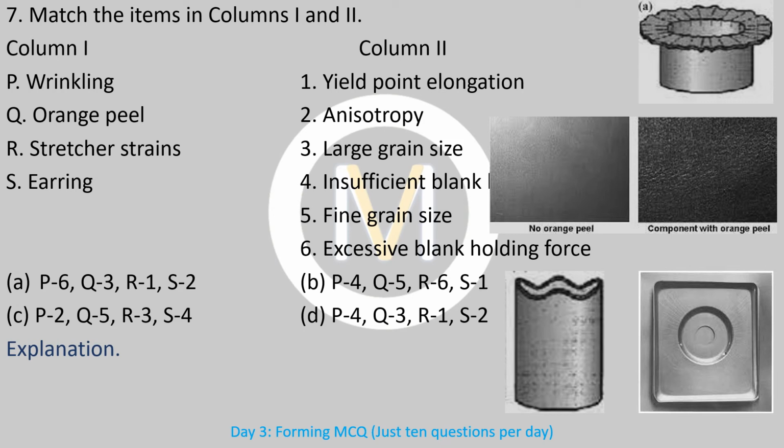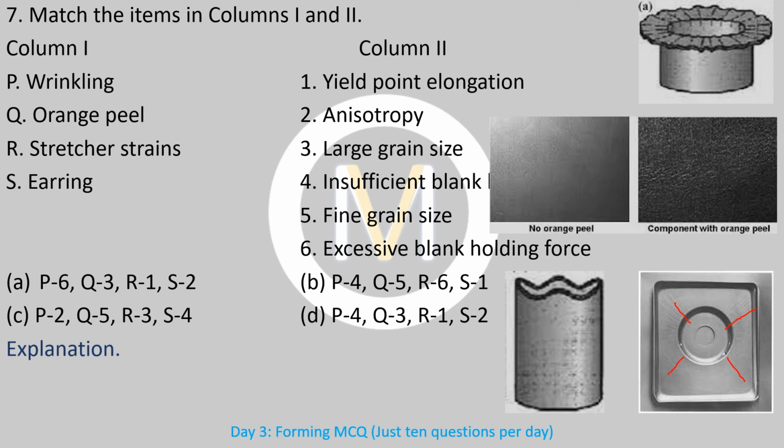Now the orange peel: when the size of the grain is very large, in that case we'll see this type of orange peel type skin because of the grain size. Next is the stretcher strains. As you can see minutely here, the lines that are formed here are called the stretcher strains. This is generally because of the expansion beyond the yielding.